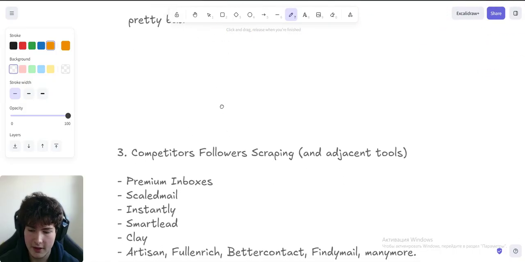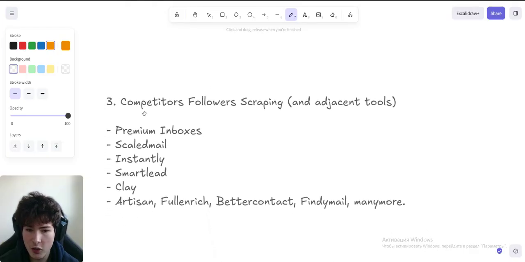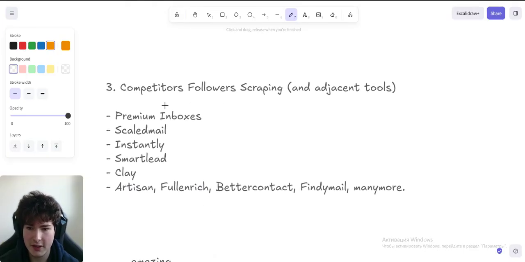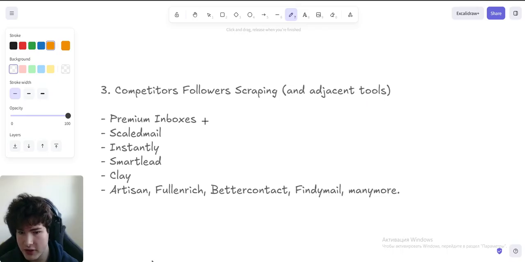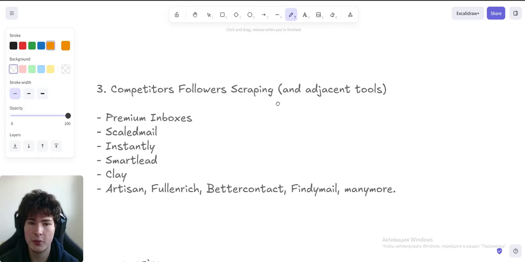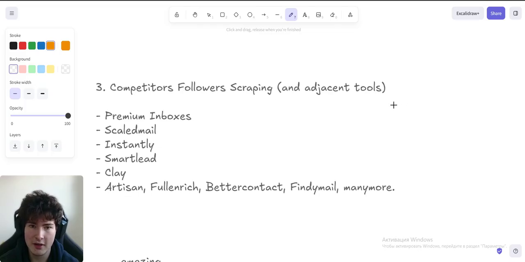So yeah. Then number 3, which was golden for us, is competitors' follower scraping and adjacent tools as well. We scraped followers of competitors like premium inboxes, Scaled Mail, Zapmail, Meldoso, all those infrastructure providers. And we would contact people who already follow them, meaning they don't need to be educated.